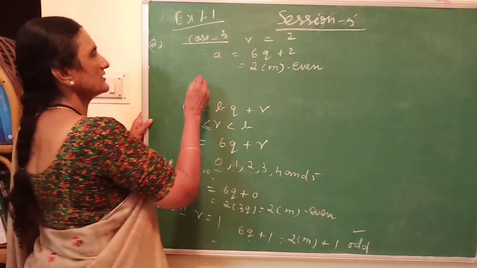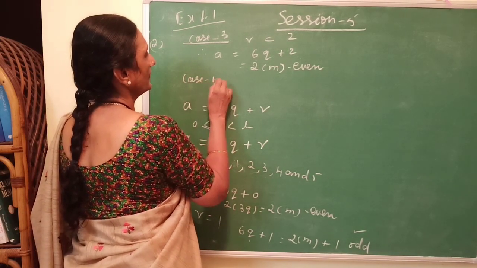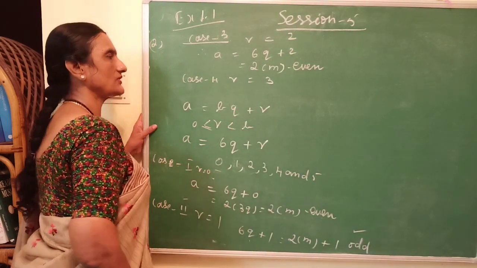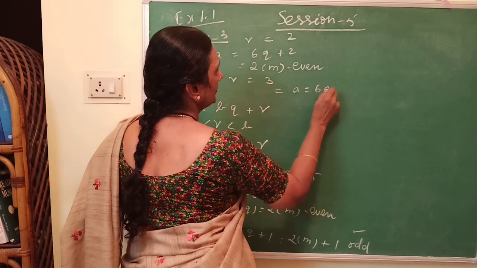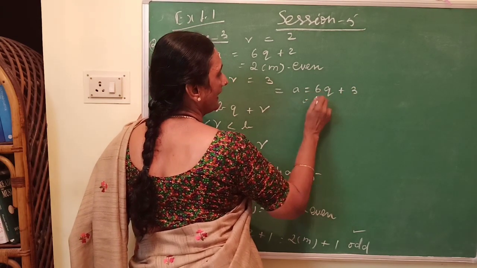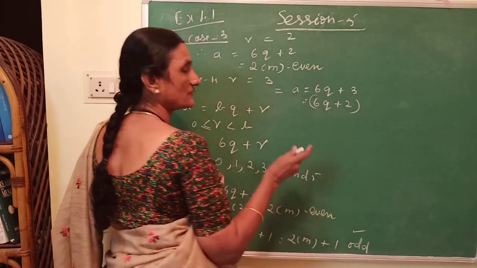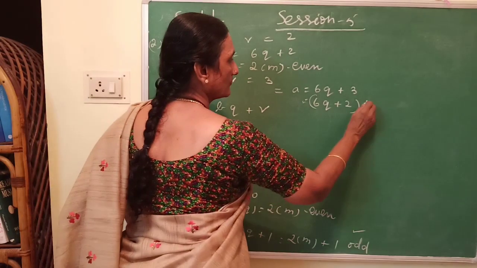Next, we should go for case 4. So case 4 is what? r is equal to 3. When r is equal to 3, what will happen? You get the number to be 6q plus 3. Now here I can split it as, why do I have to split? I want to test for odd numbers. Therefore I have to split off a plus 1.